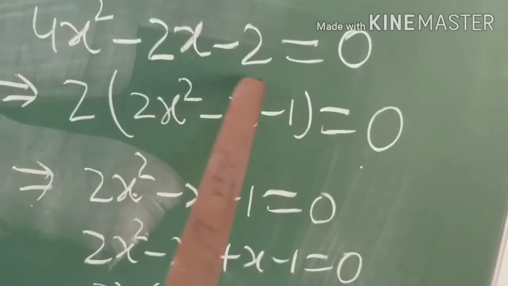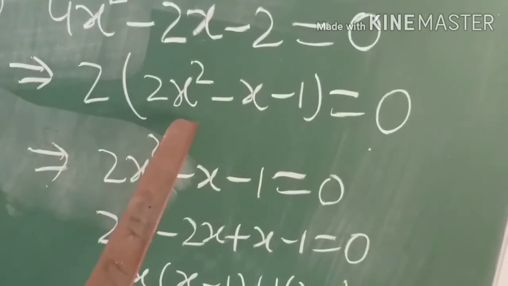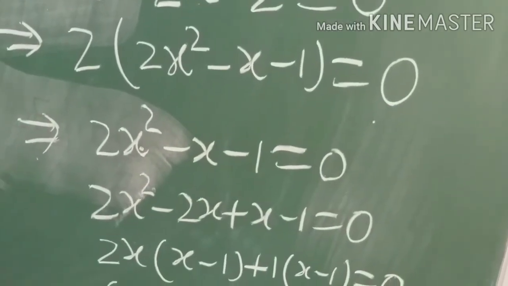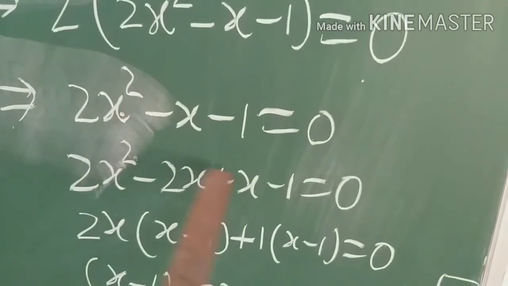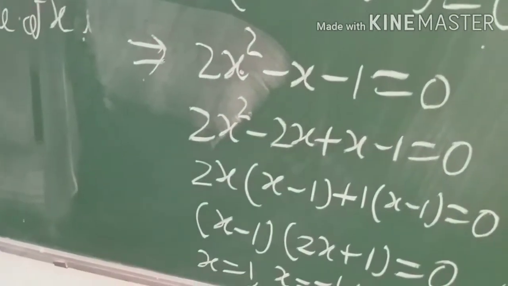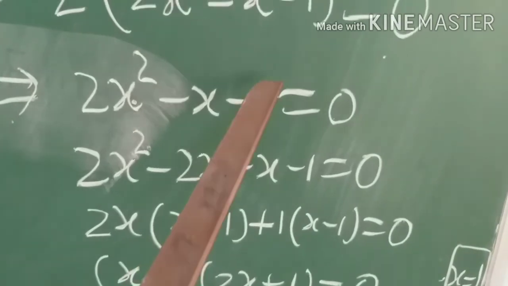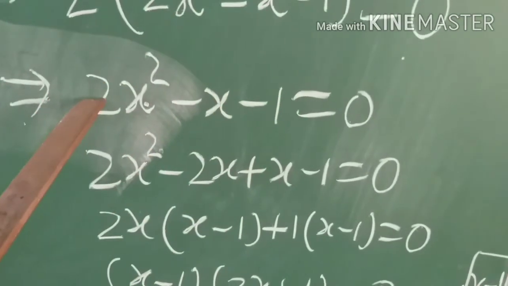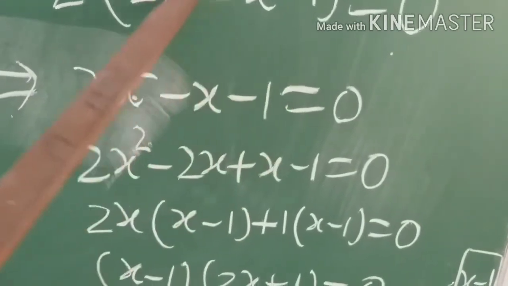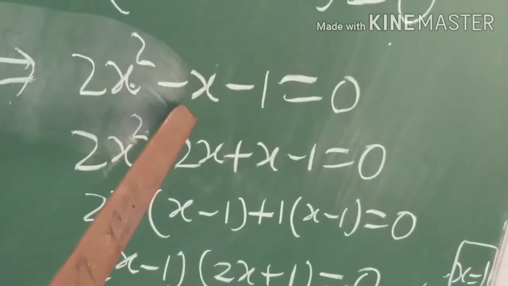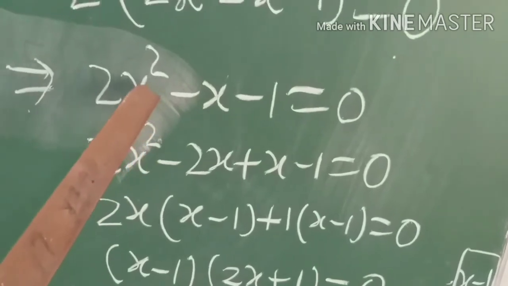You can see 2 is common here. 2x square minus x minus 1 equals 0. Now students, we can factorize it by splitting the middle term. Minus 1 multiplied by 2, it is minus 2. We need minus 1x, so minus 2 into 1.